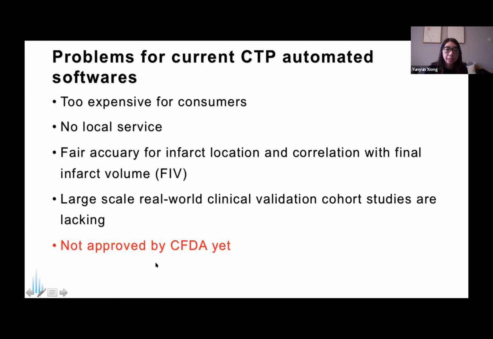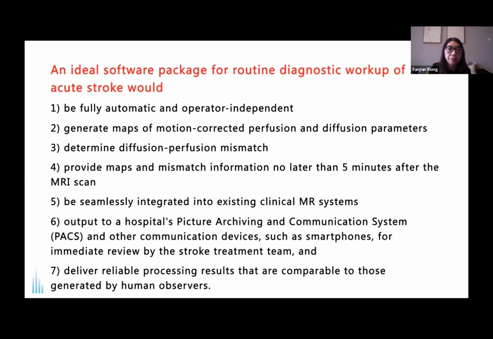And in China, this is very important: RAPID and OLEA are both not yet approved by the China FDA. So we cannot buy the commercial version of RAPID or OLEA. We can only apply for the research version. This needs you to submit the protocols to the US company, and if they approve, then you can start your research. And if you want to publish, you also need to get approval from the RAPID software company.